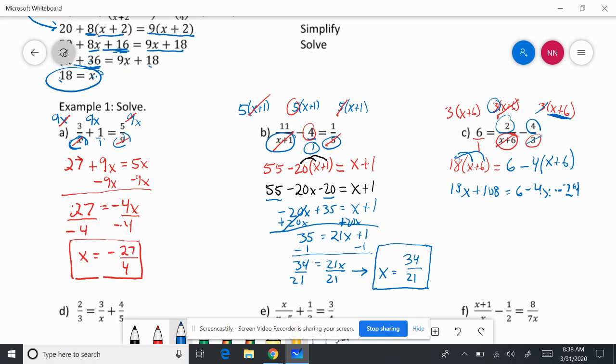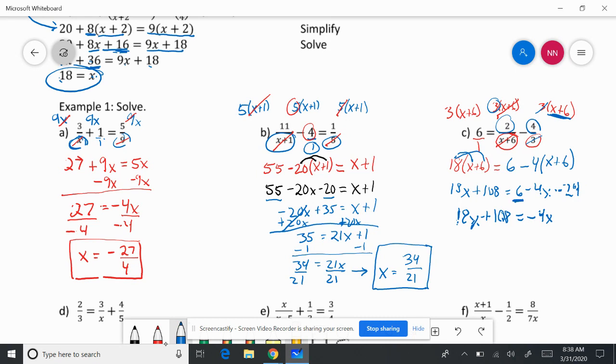Next thing that I'm going to do is combine the like terms. So I have 18x plus 108 is equal to negative 4x.